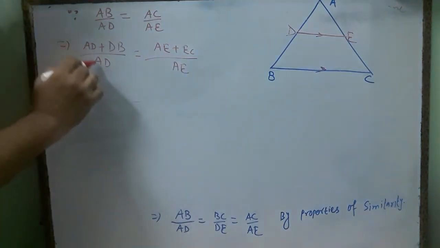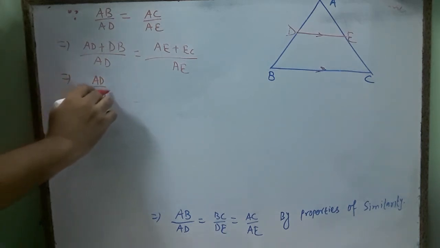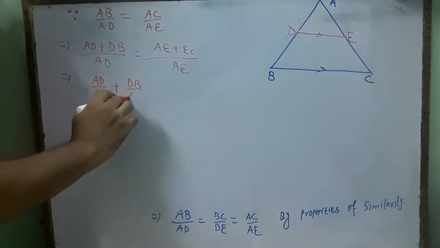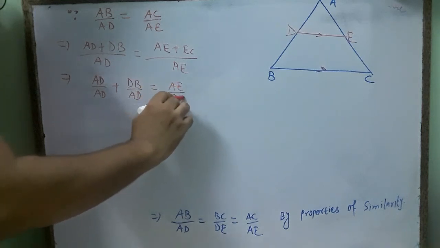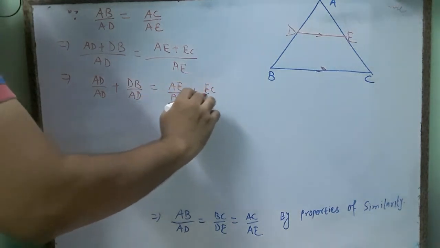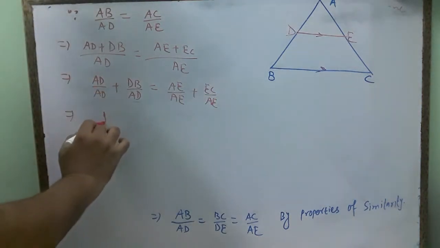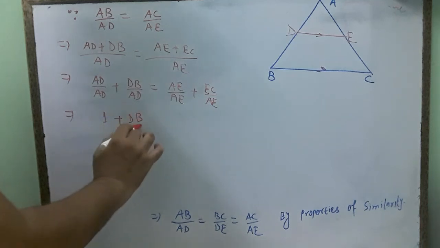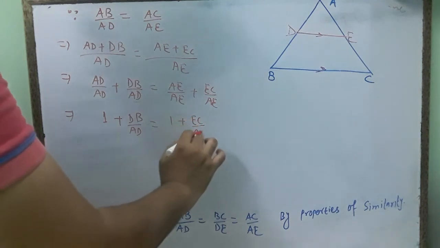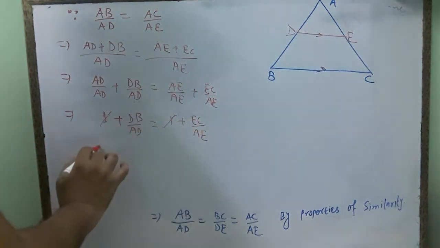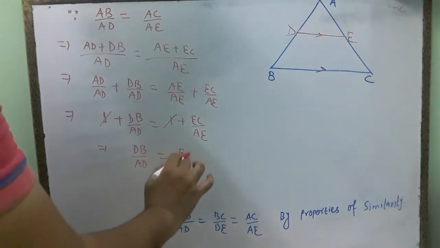Now separate the common divisor: AD divided by AD plus DB divided by AD is equal to AE divided by AE plus EC divided by AE. Now it will be 1 plus DB divided by AD is equal to 1 plus EC divided by AE. 1 and 1 cancel out, so DB divided by AD is equal to EC divided by AE.